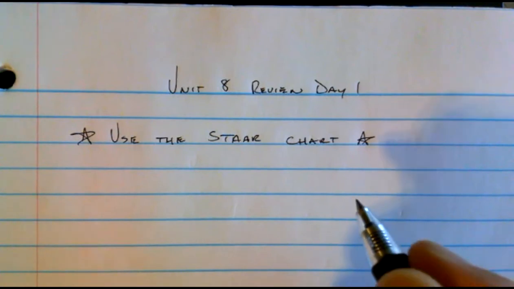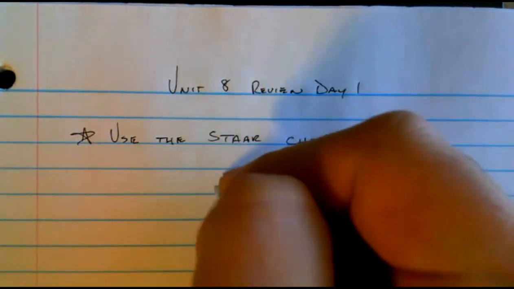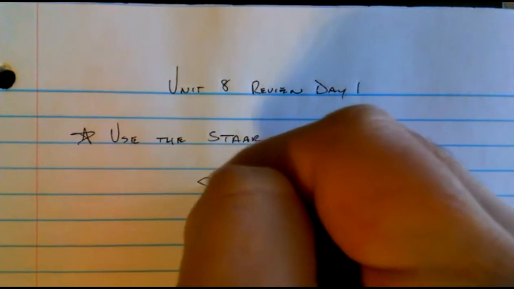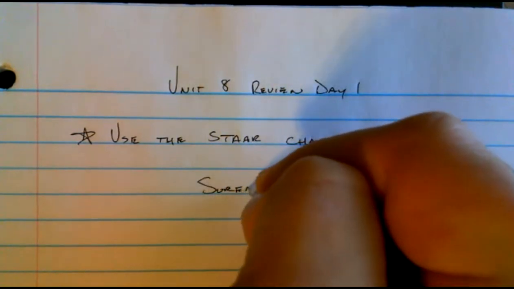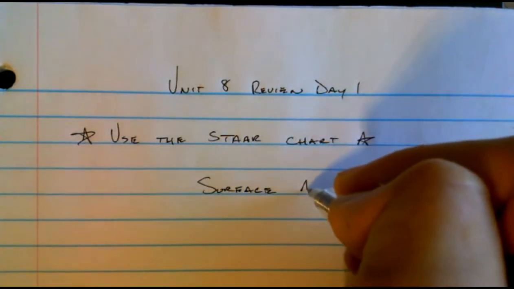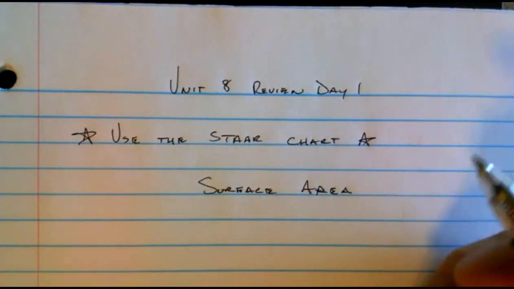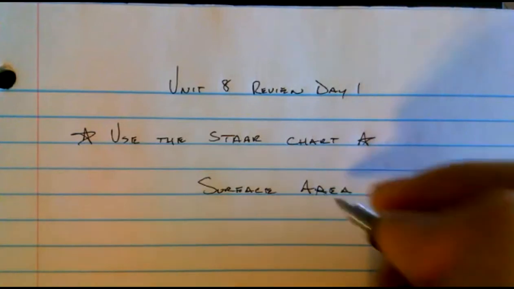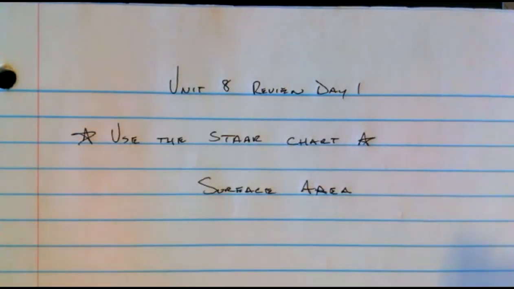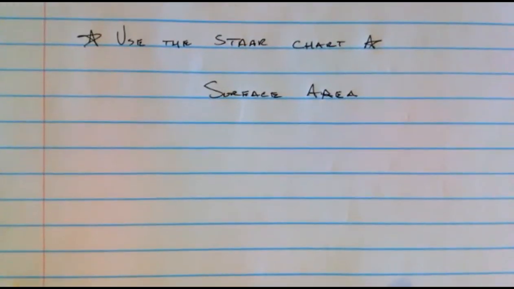All right. So today we're going to break this up in 2 days. So today's topic is just going to be surface area. Okay. So surface area for us meant two different things, right? There are two different ways to look at surface area.